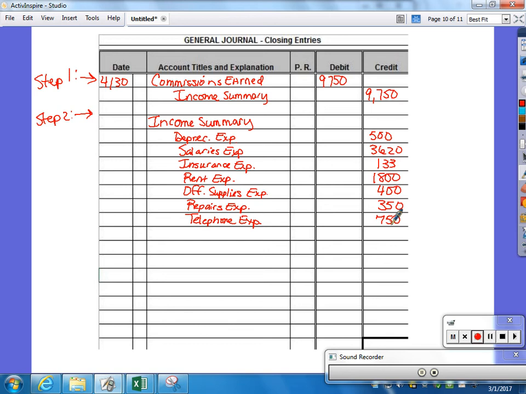What is it? Say it again. $7,553. What's step 3?